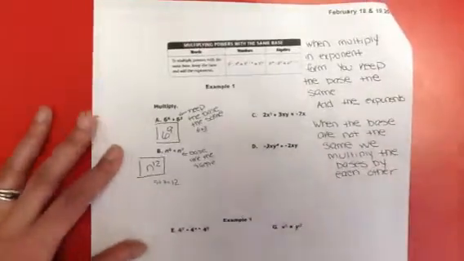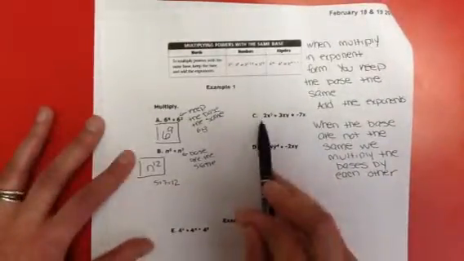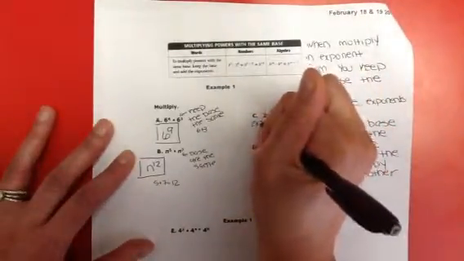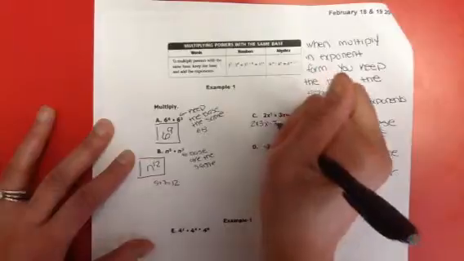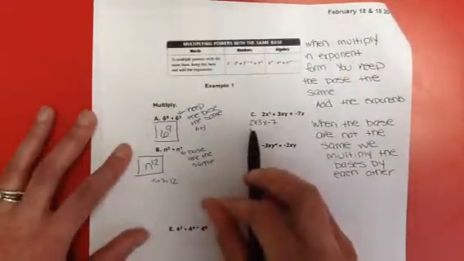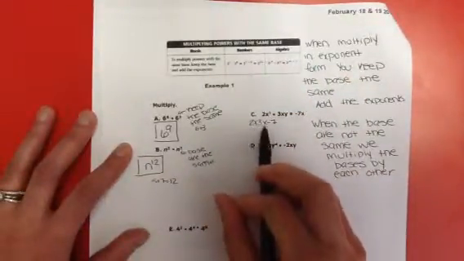Okay? So now I will multiply 2 times 3 times negative 7. So 2 times 3 is 6. 6 times negative 7 is negative 42.